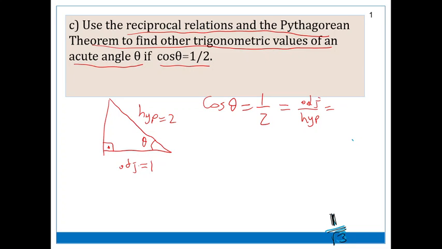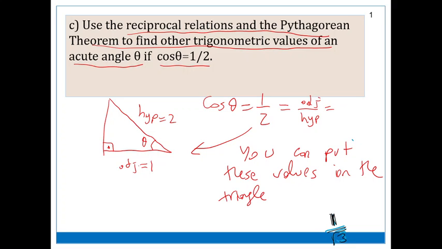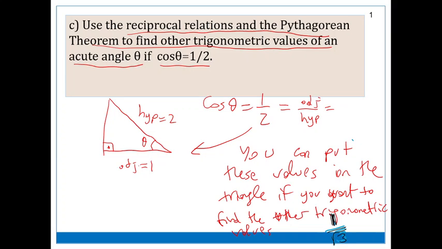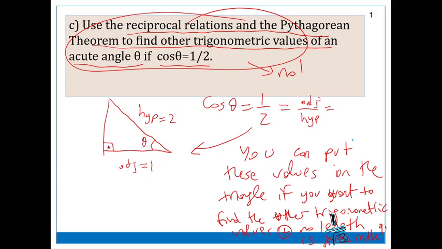One thing I want to warn you about is that you can put these values on the triangle if you want to find the other trigonometric values, and no length is involved in the question. There's nothing about length here.